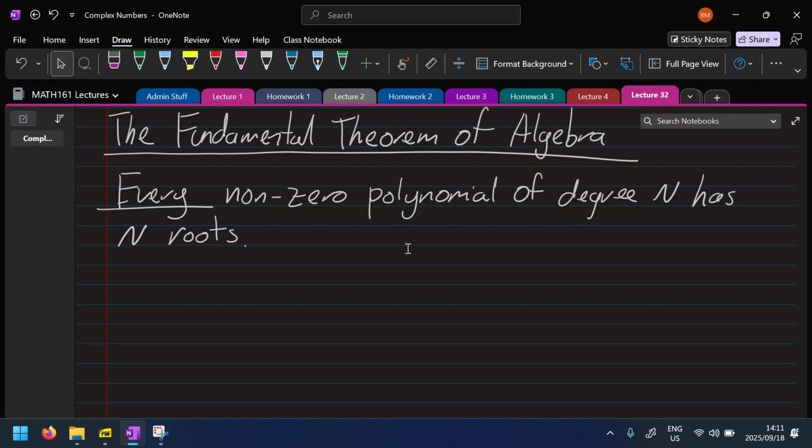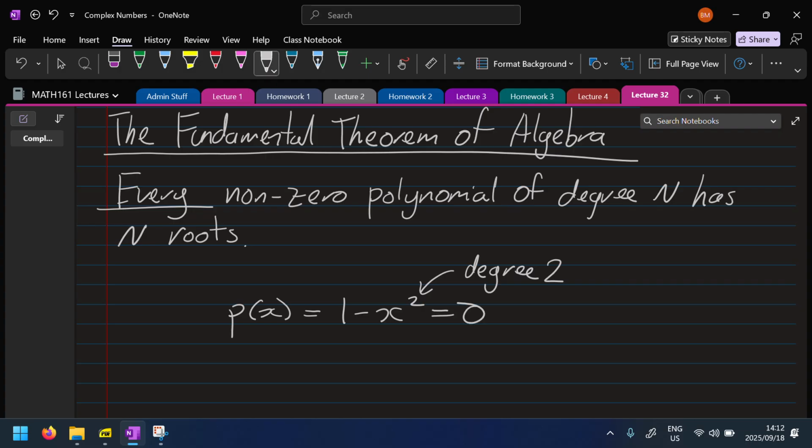So let's say we have the polynomial p of x, which is given by 1 minus x squared. So this is a degree 2 polynomial. It's quadratic, so we expect that this has 2 roots. If we want to find the roots, we take the polynomial, we set it equal to 0, and we solve.